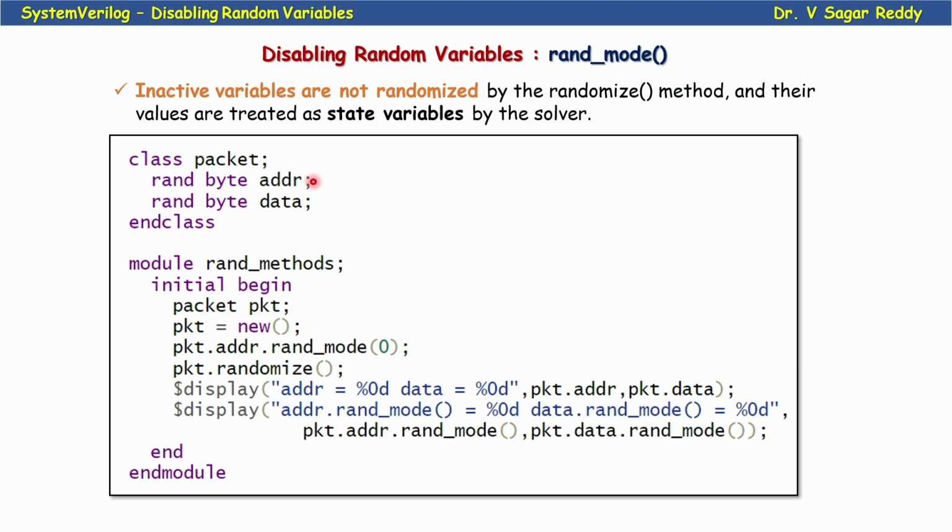Now address acts as a normal state variable. Here I randomize this packet object and display the data as well as the address values.